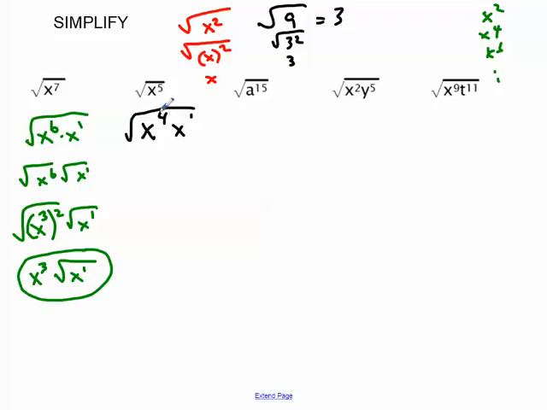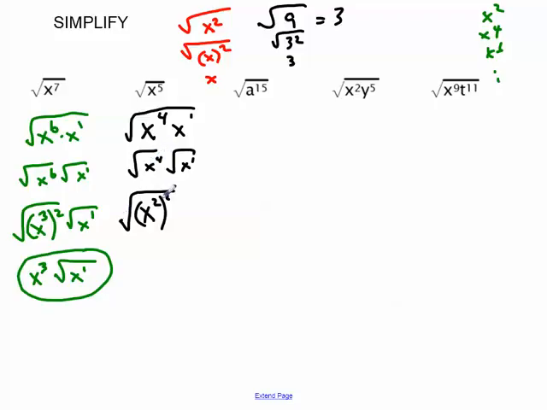x to the fourth is an even power, so therefore this is a perfect square. I'm going to give x to the fourth its own house. I'm going to give x to the first its own house. This is not a perfect square. He's going to stay in there all the time. x to the fourth we can rewrite as x squared squared, because when we've got parentheses and powers inside and powers outside, we multiply those powers to get x to the fourth power.